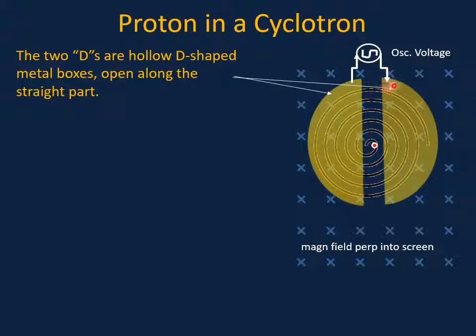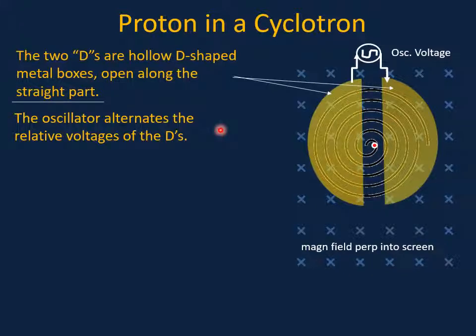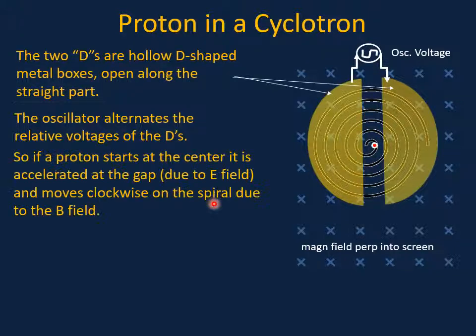And one is able to apply an oscillating voltage between the plates. There is also a gap between the two straight parts of the Ds, and the electric field due to the voltage actually appears between the two plates in the gap here.